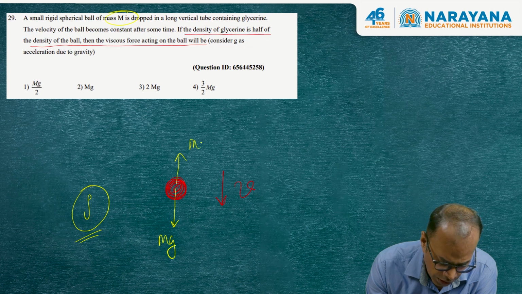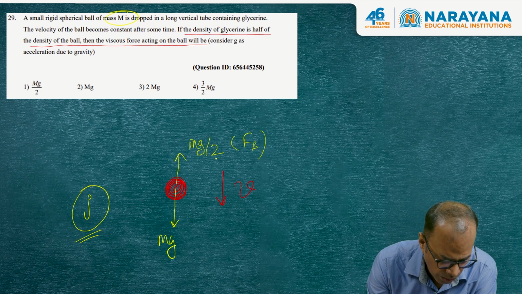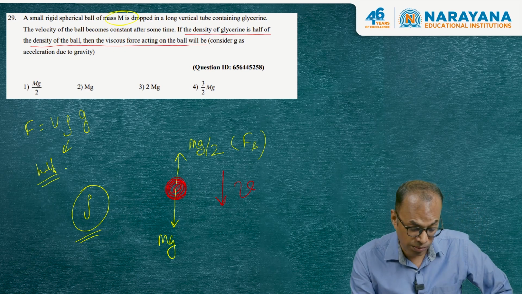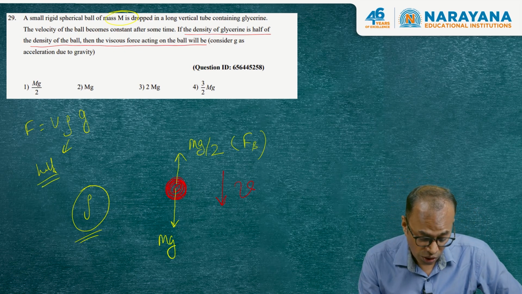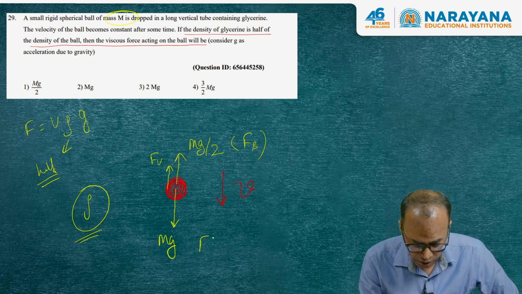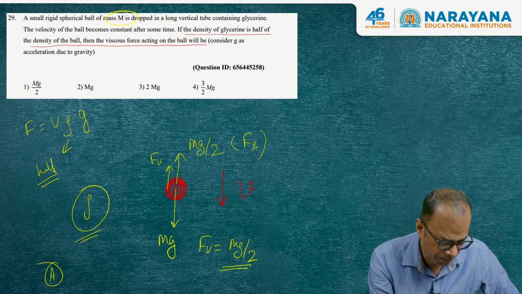So it must be exerting a buoyant force of mg by 2. You need to understand, buoyant force is Vρg. Since this density is half of that of the object, the weight must be half. So mg by 2, and since velocity is constant, there must be a viscous force, and clearly the viscous force must be equal to mg by 2. So answer is option 1.